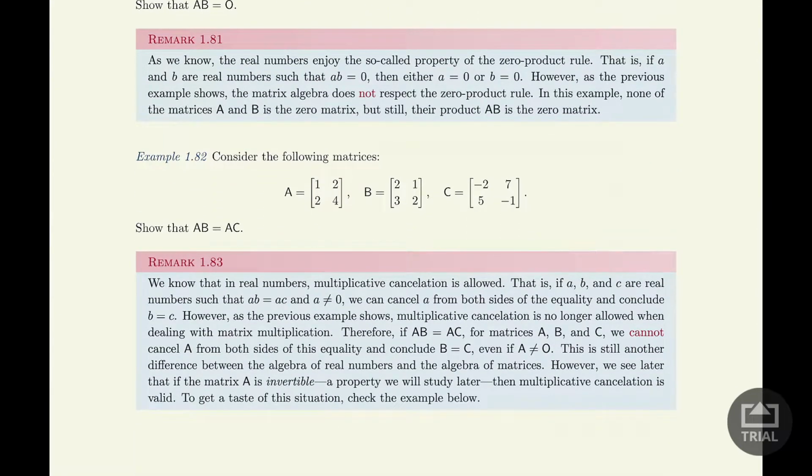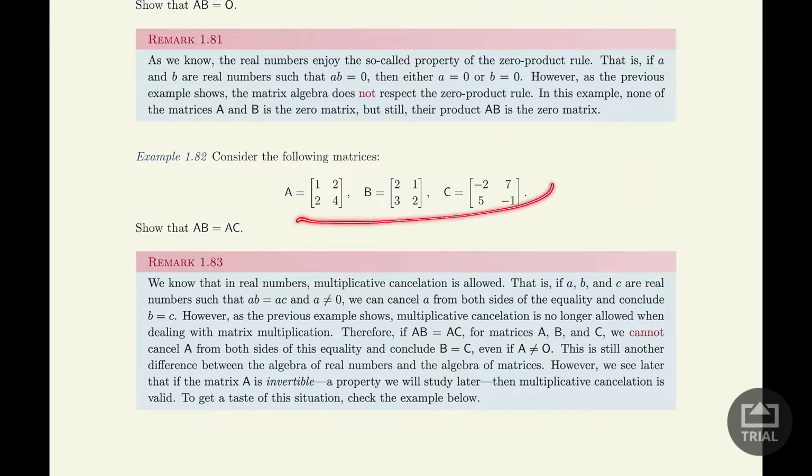So here you see that if A times B is equal to A times C, even if it is guaranteed that matrix A is not the zero matrix, you still cannot conclude that B is equal to C. I told you that there are some exceptions that we will study later: if A has another property, which is called invertibility, then you can cancel A from both sides and conclude that B is equal to C.